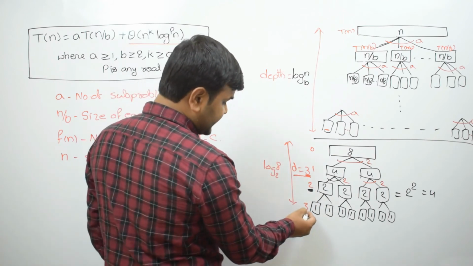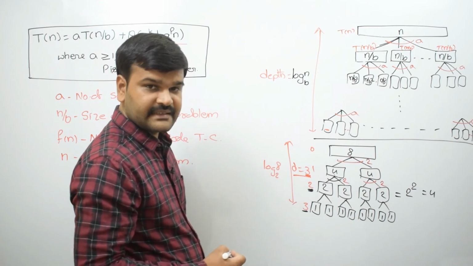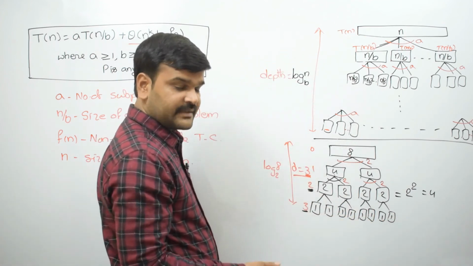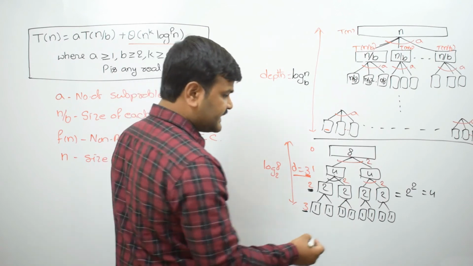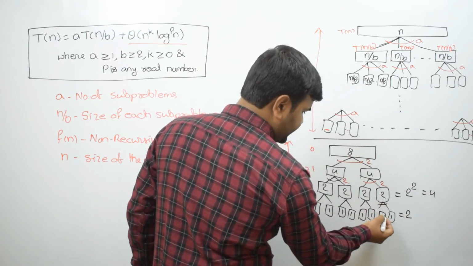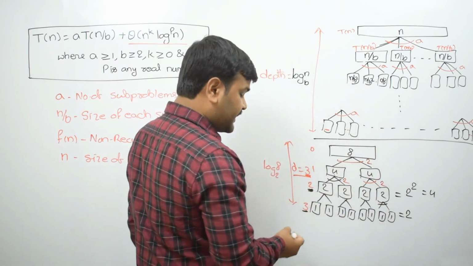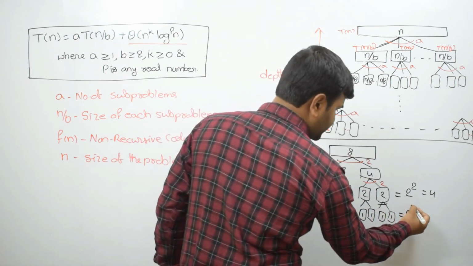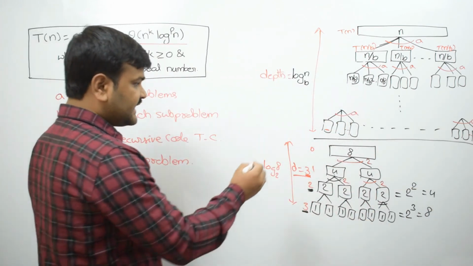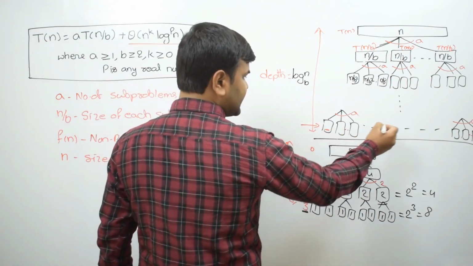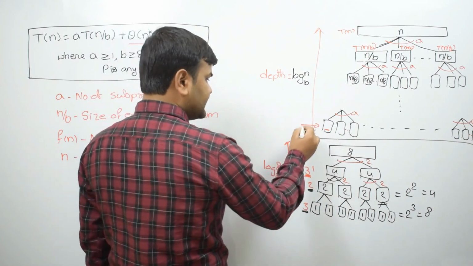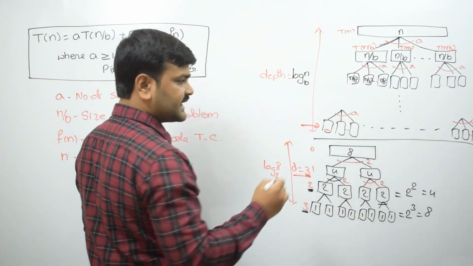At depth 3 how many subproblems will there be, that means how many leaf nodes will there be? That means overall how many leaves are there? So here 2 is the same, each problem divides into 2 subproblems. But what is the depth now? 3, so 2 cube. So that is 8 subproblems. That means at the last level, how many subproblems are there? Now if you come to the general case, in the last level how many subproblems are there?